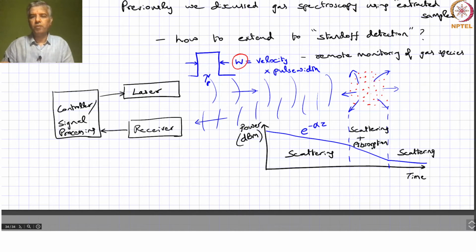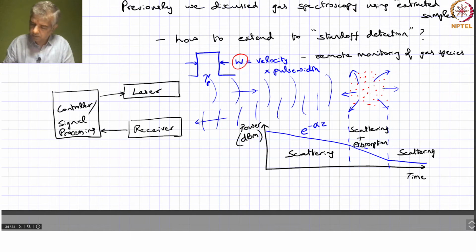And just to verify that it is because of absorption, you may want to slightly detune and send another pulse. If it is off resonance, then what you get to see in that case is something like this.